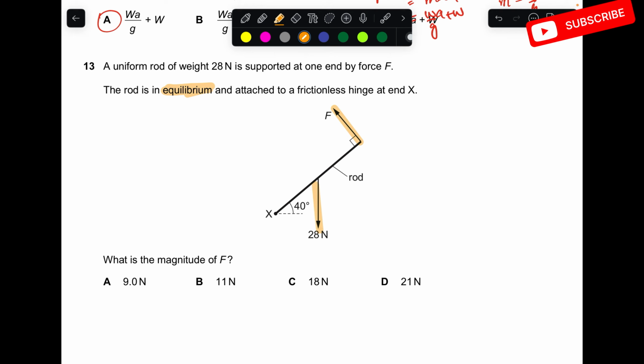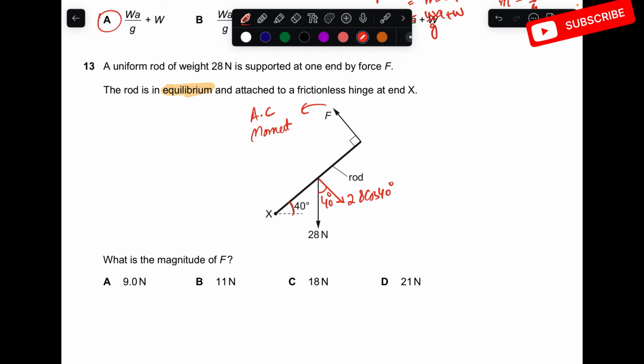This thing will make an anti-clockwise movement, and you have to find the component of this. If this is 40, this will also be the 40-degree angle. So this component will be 28 cos 40 because it is attached at the angle.